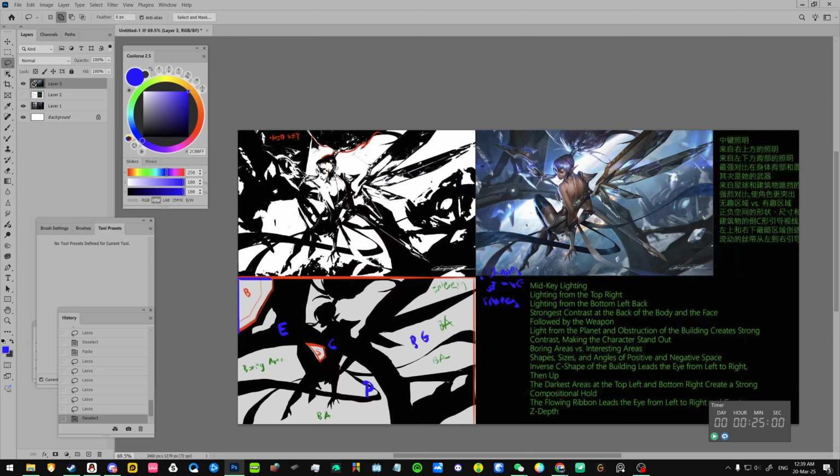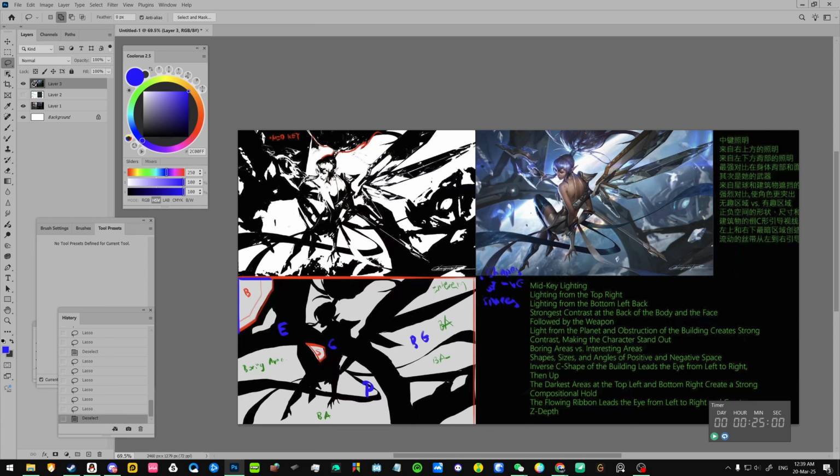And when we do the threshold, we can see that the strongest contrasting point is at the face and at the torso, the back of the torso. So this is good, because we now know where our eyes should be focusing on. And not to mention, the weapon has a secondary strongest contrast point followed by its wings.